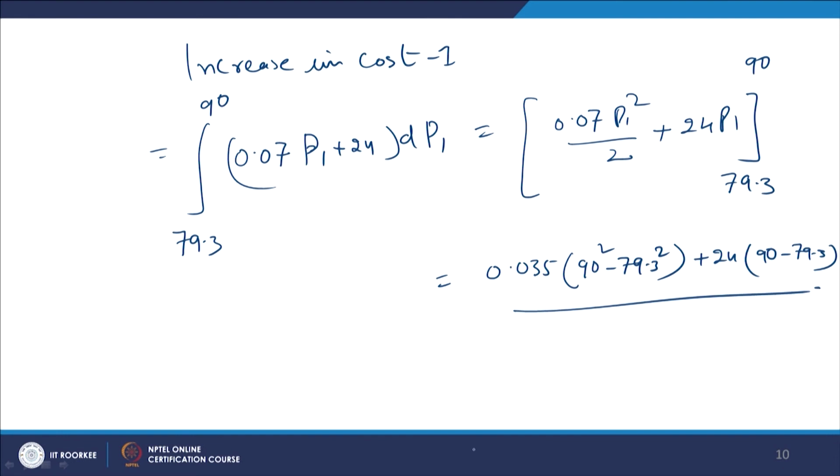Further simplifying this, we get 63.4 plus 256.8, which is equal to 320.2 per hour. This is how much the fuel consumption per hour has increased.